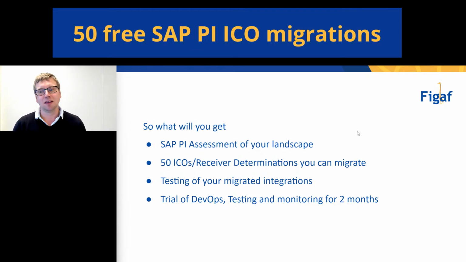You will get the ability to test these, and then you will also get a trial of the DevOps testing and the monitoring for 2 months. And this part really makes it a lot easier for you to set up and run your migration projects, because I always say, well, the migration is one thing. Once you have moved the physical artifacts over, you still need to move it into production.